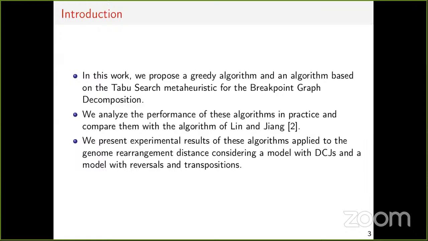We also analyzed the performance of these algorithms in practice and compared them with the approximation algorithm proposed by Lin and Zhang. We also present experimental results of these algorithms applied to the genome rearrangement distance, considering both a model with double cut and joins and a model with reversal and transposition rearrangements.